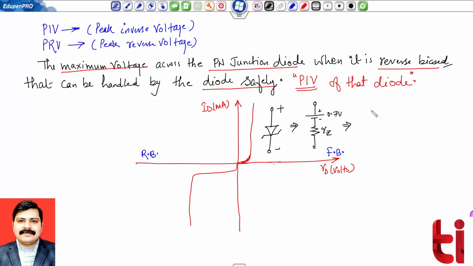And for the case if RZ is ignored, then this can be treated as 0.7 volt, RZ equals to 0 ohm considered. So this is my equivalent model.